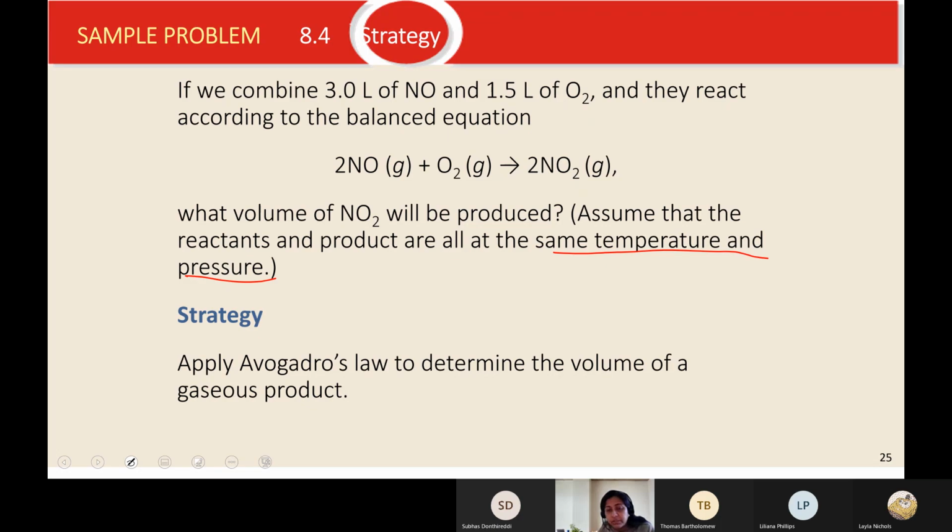Apply Avogadro's law to determine the volume of a gaseous product. We are given the volume of NO and the volume of O2, and we need to find the volume of NO2. We were told that all the reactants and products are at the same temperature and pressure, so we can use Avogadro's law to find the volume of this product.